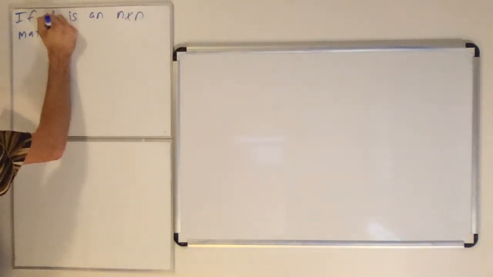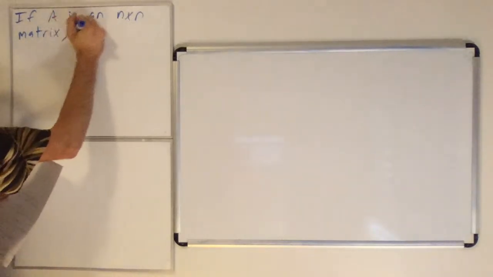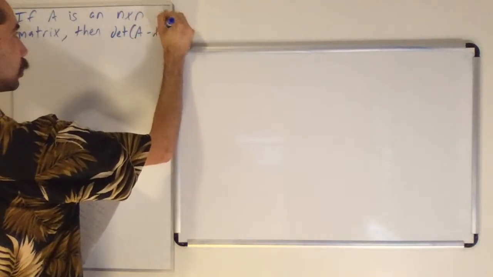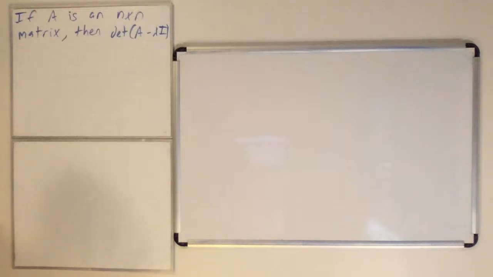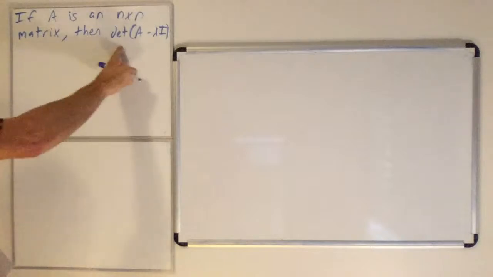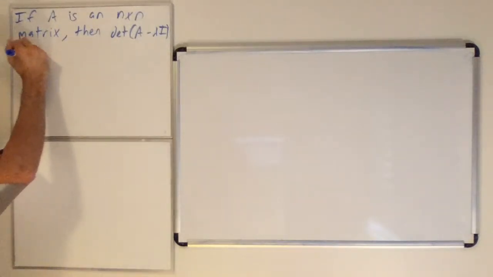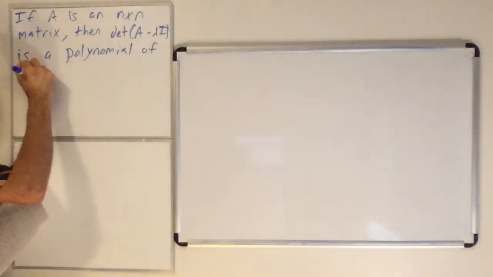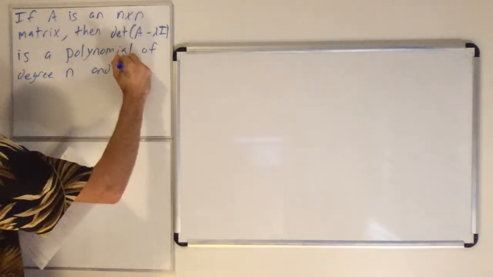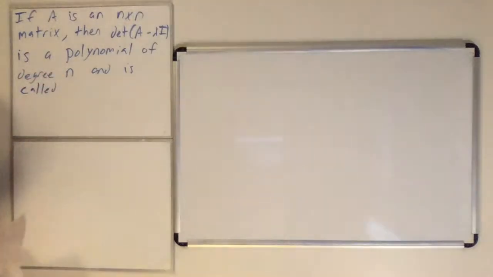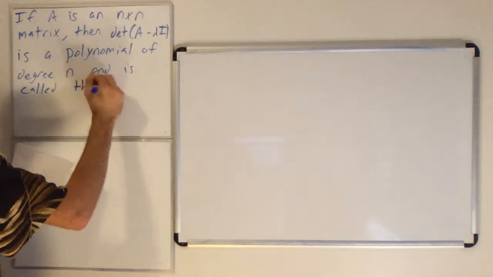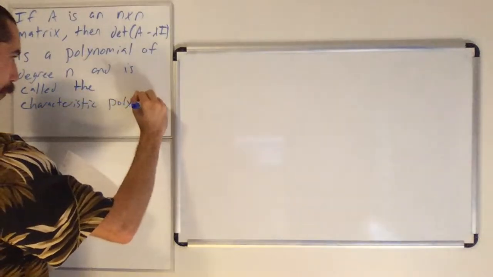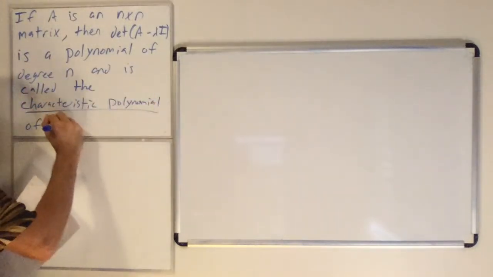So if A is an n by n matrix, then the determinant of A minus lambda I is a polynomial of degree n and is called the characteristic polynomial of the matrix A.